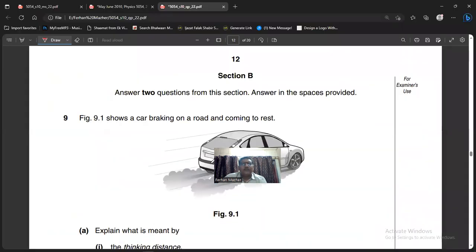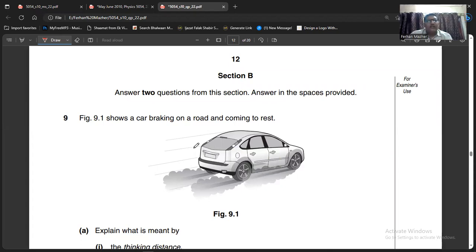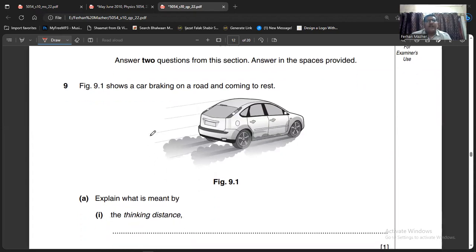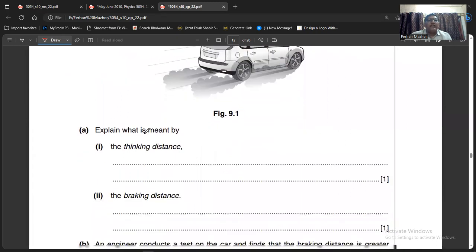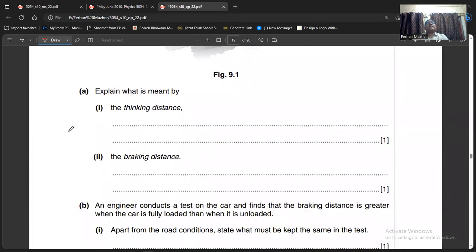Okay, so Section B of this paper is showing up on your screen. Question number 9. Figure 9.1 shows a car braking on a road and coming to rest. Explain what is meant by the thinking distance.